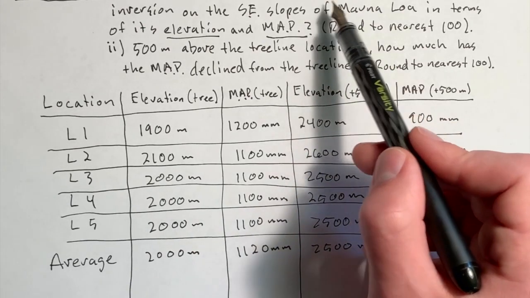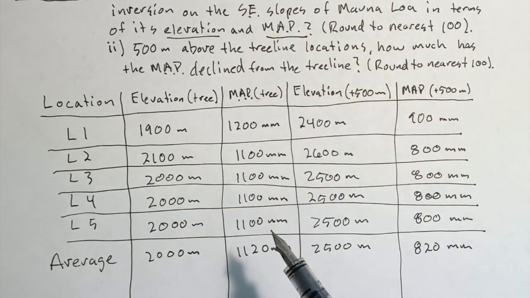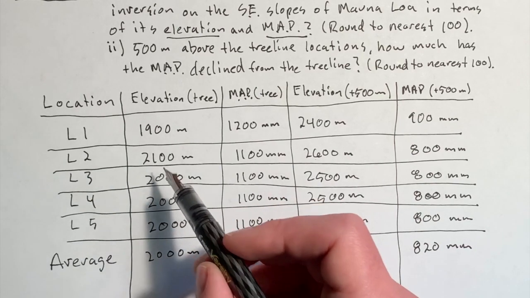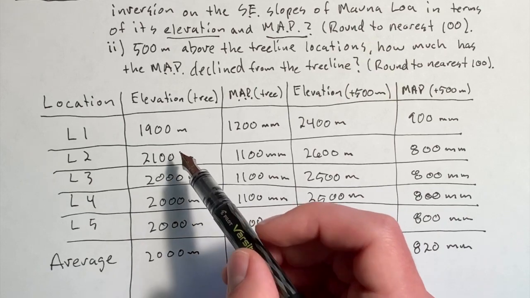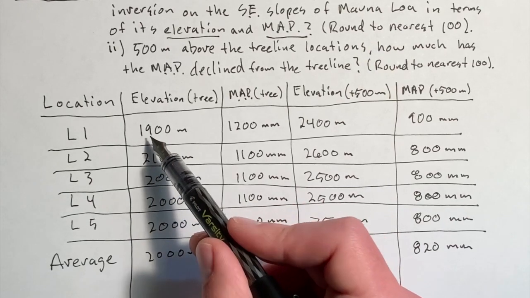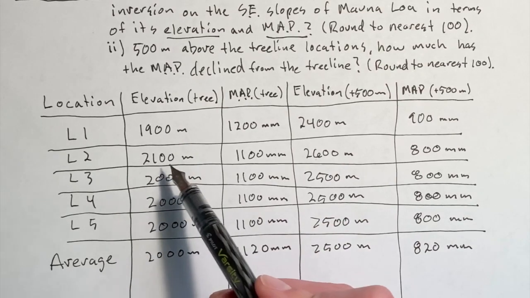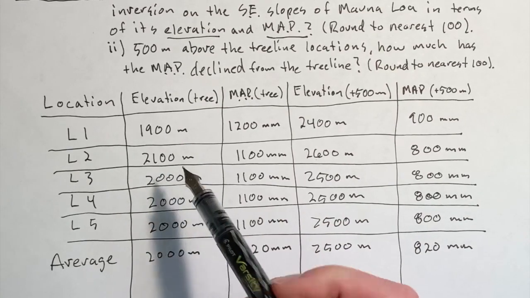Now we need to find our range. So the range is just the highest minus the lowest value. So our range in terms of tree line elevation is 200 meters, and our range is between 1900 meters, our lowest value, and 2100 meters, our highest value.